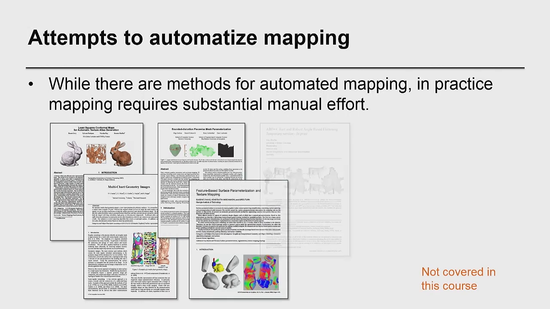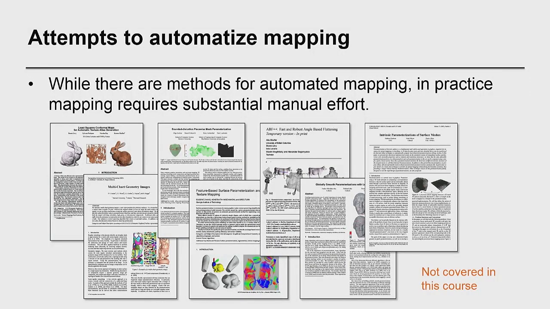Well, we have to acknowledge that there has been quite a lot of effort on automating this mapping process because, you know, we keep going back to the problem of mapping and how labor intensive it is. And there are quite a few methods that actually try to help with this process. What we're not going to do in this course is talk about these methods at all.